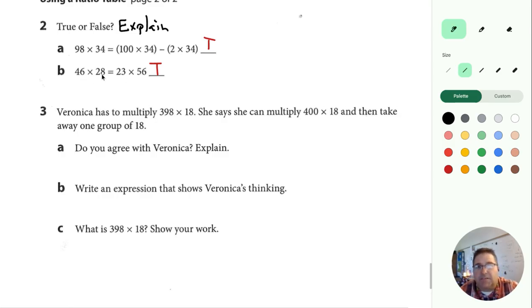How about 46 times 28? Is that the same as 23 times 56? Looks like maybe they're doubling and halving here, right? Well, if I cut 46 in half, half of 46 is 23.